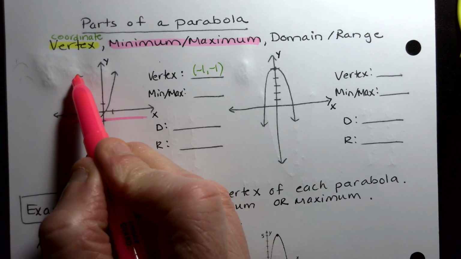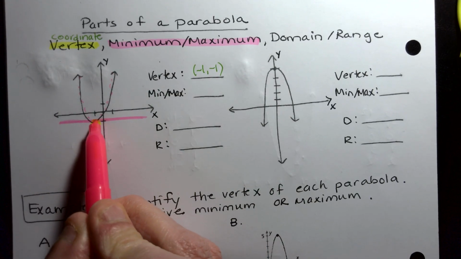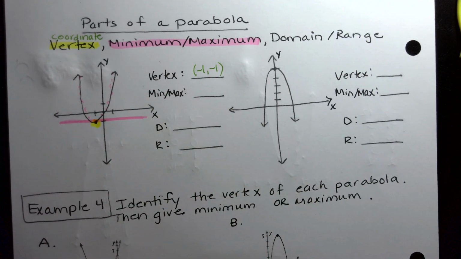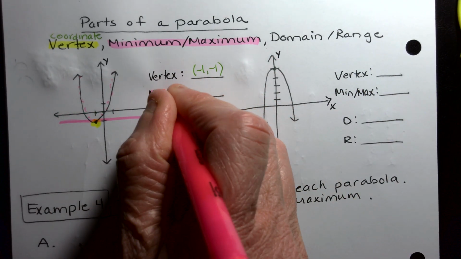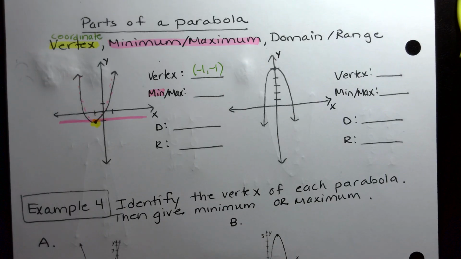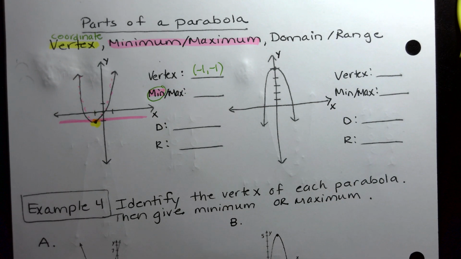Remember, a parabola has infinitely many points all along it. Is that the smallest or the largest point? You're right, it's the smallest. It's the lowest on there. So it is called a minimum. You won't do both of these. You're just going to circle which one is right. It's minimum.